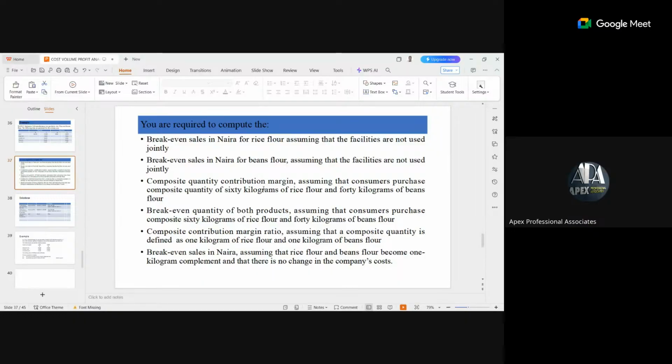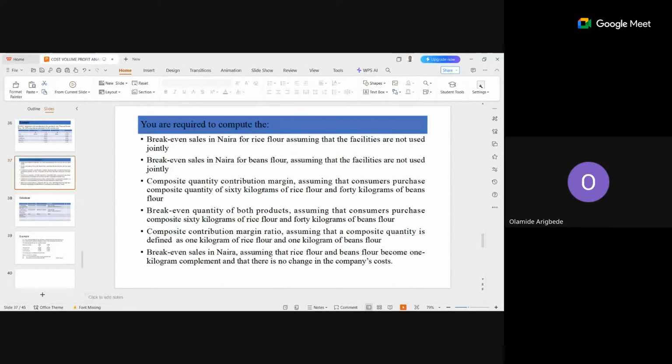Now, for you to determine contribution margin, what is the formula? Selling price minus variable cost. Very fine.